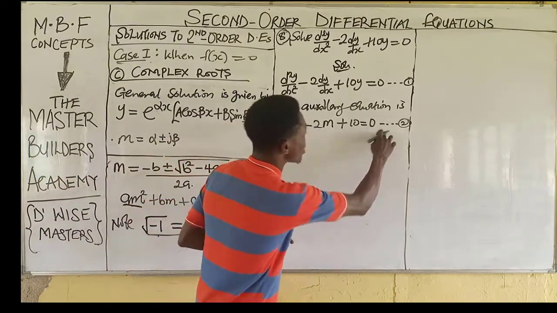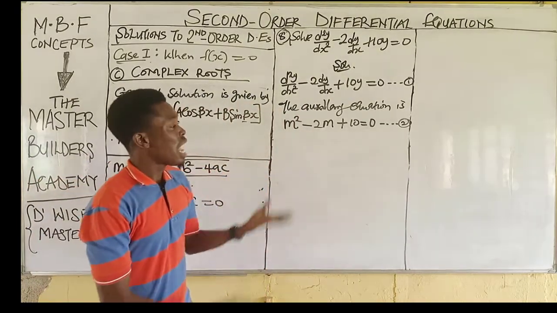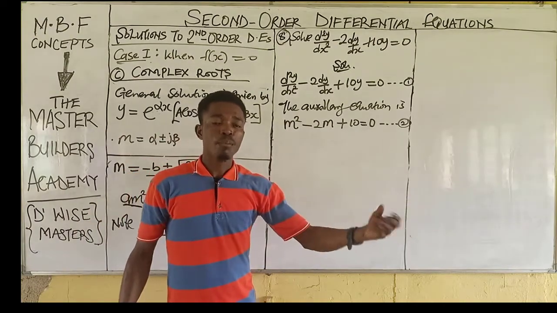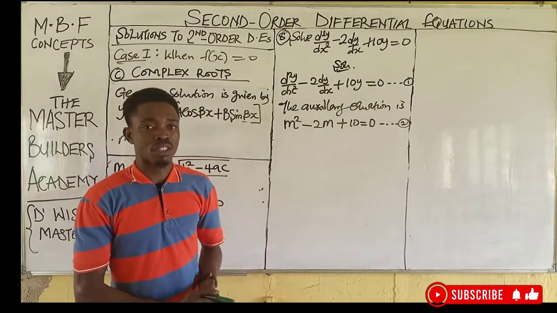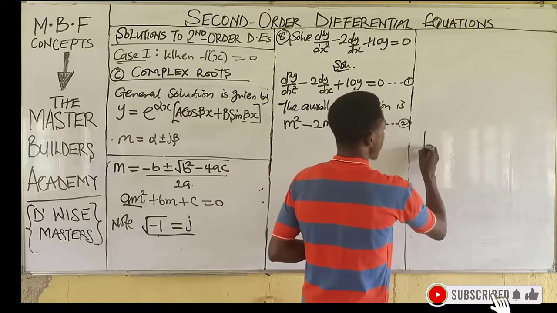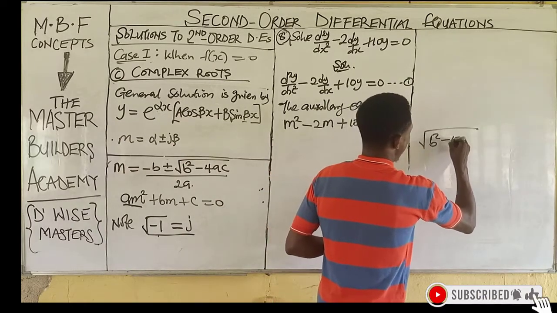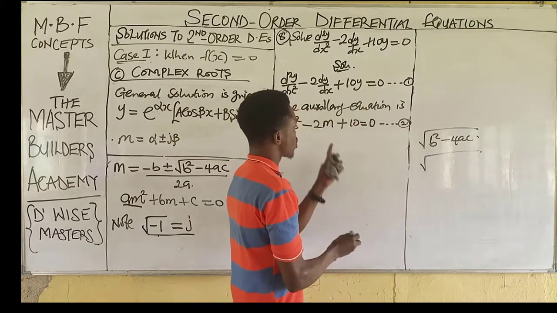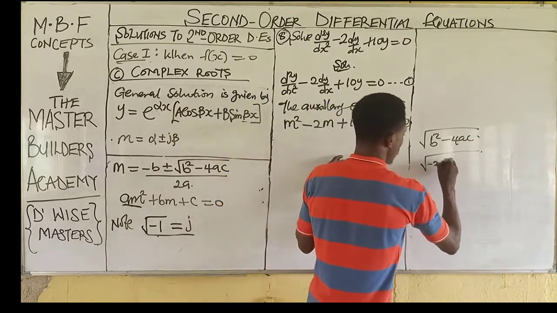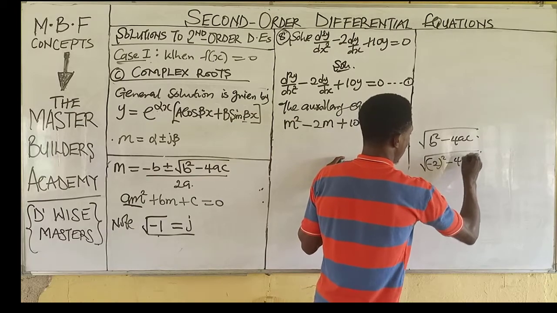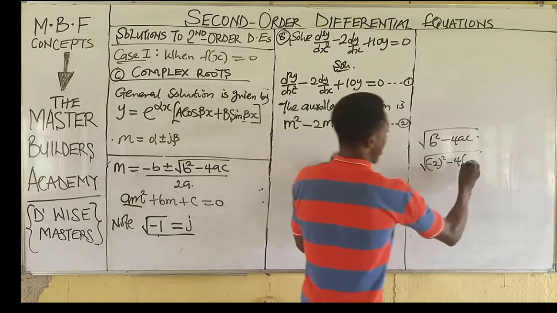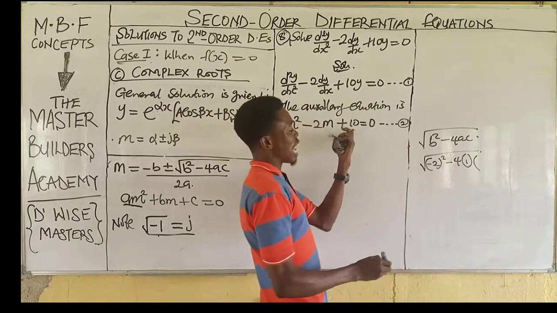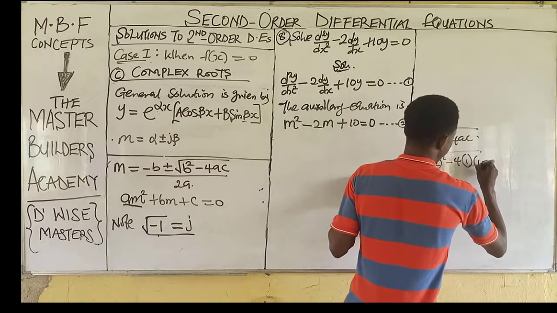So now from here, we know that this is a quadratic equation. I have taught you how to test run whether a particular expression is factorizable. Let's quickly use the formula, the square root of b squared minus 4ac. Let's see whether we are going to have a negative value inside the square root. So b is minus 2, all squared, minus 4 multiplied by a, which is 1, and c, which is 10.